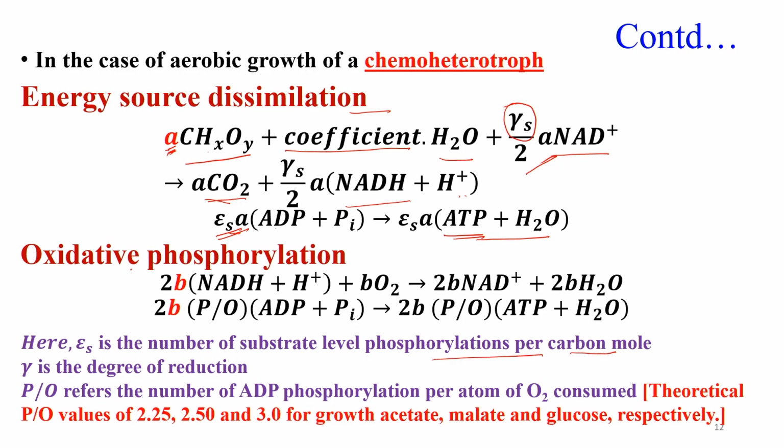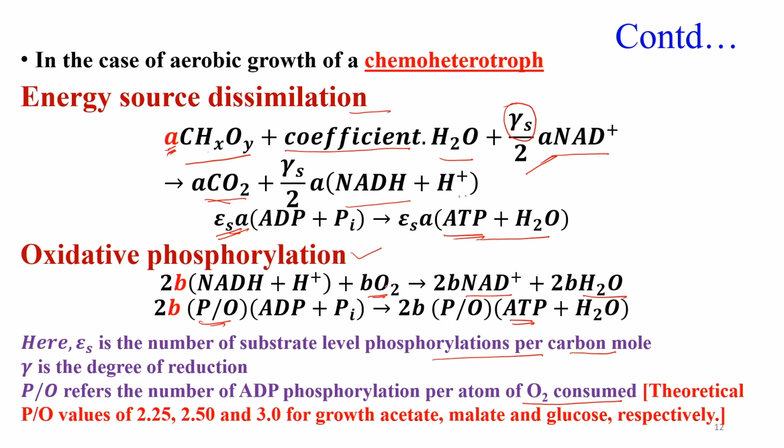Now, whatever NADH plus H plus is there will take part in oxidative phosphorylation, and it says NADH plus H plus will combine with oxygen and again form NAD plus H2O. In addition, there will be some more synthesis of ATP, equivalent to P by O, which refers to the number of ADP phosphorylations per atom of oxygen consumed.